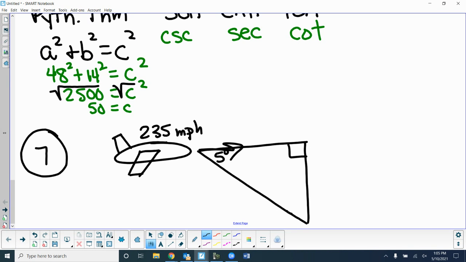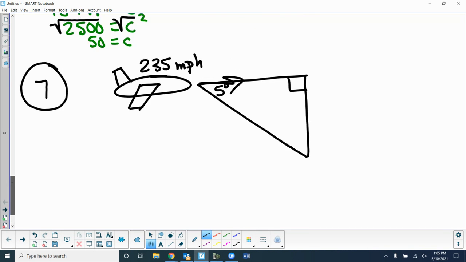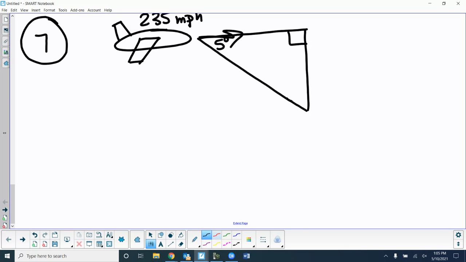If you want to draw it like you're used to drawing it, you'd draw it like this, and the 5 degrees would be here, and then your plane up here. So don't put the 5 degrees inside the triangle if you draw it like you normally do.